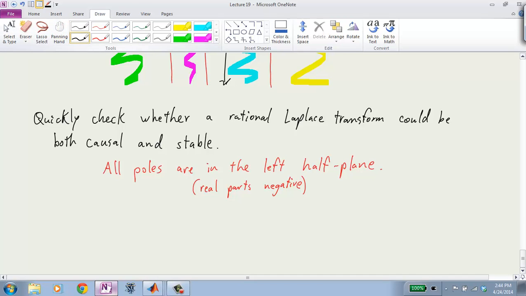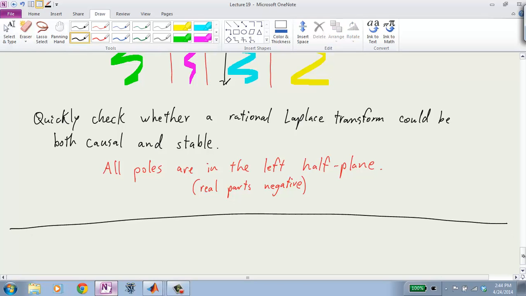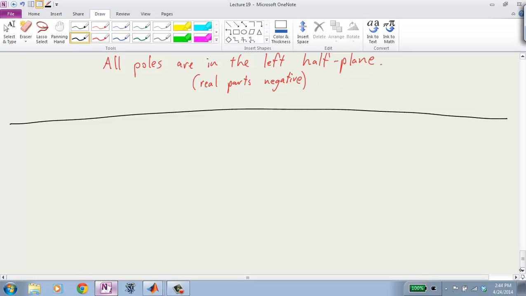Okay. Let me introduce the Z transform, and then we can end. So the Z transform is for discrete time signals.